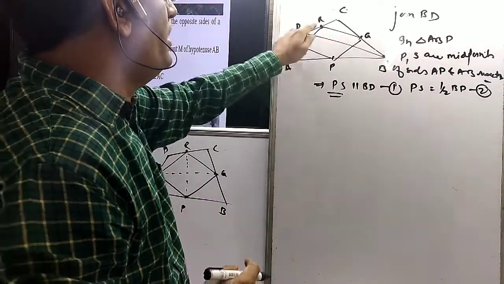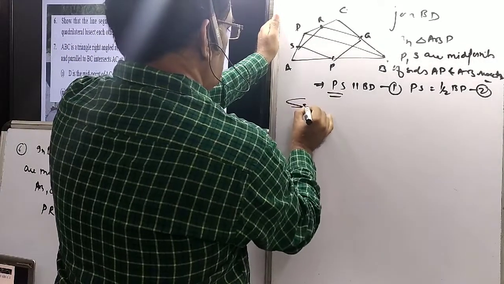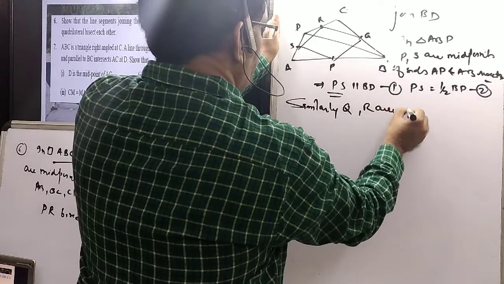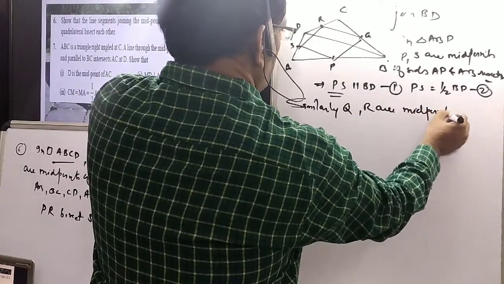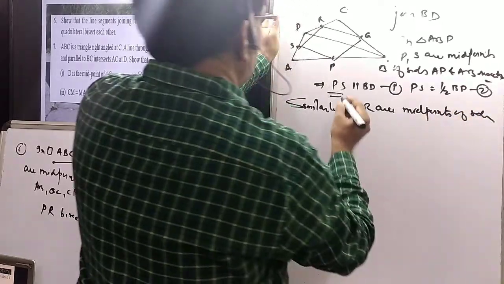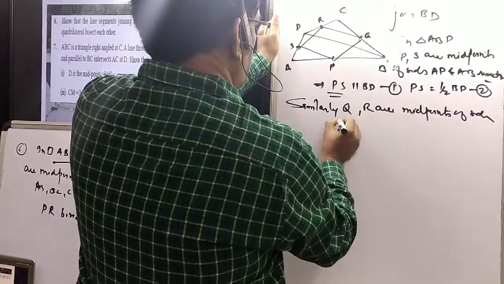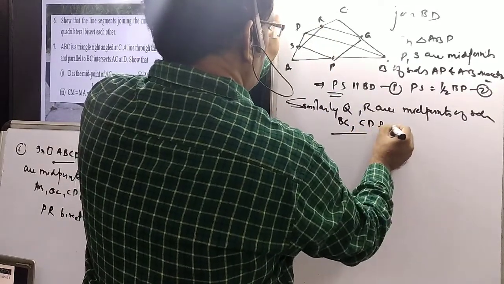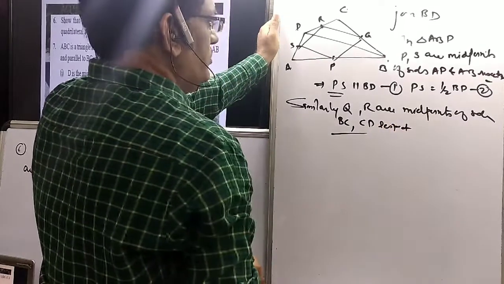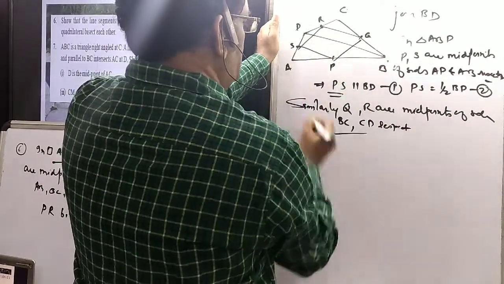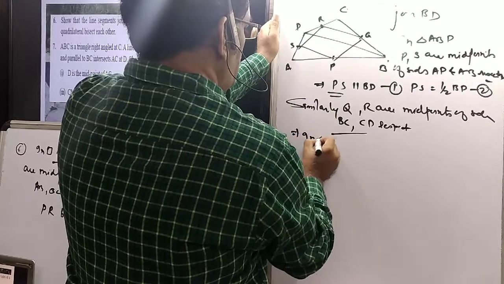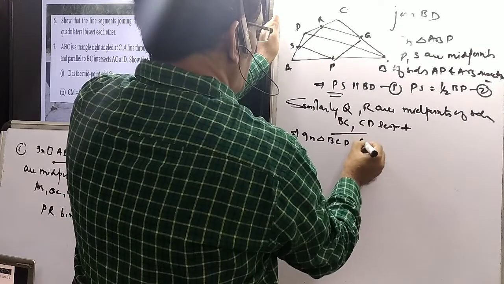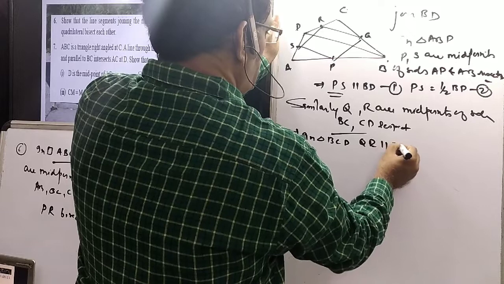Similarly, Q and R are the midpoints of sides. Q is midpoint of side BC and R is midpoint of side CD respectively. So in triangle BCD, QR is parallel to BD.